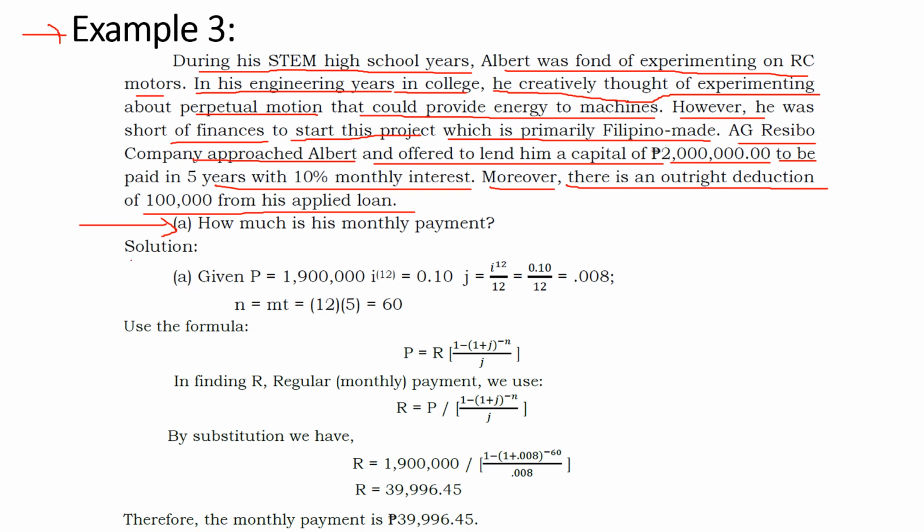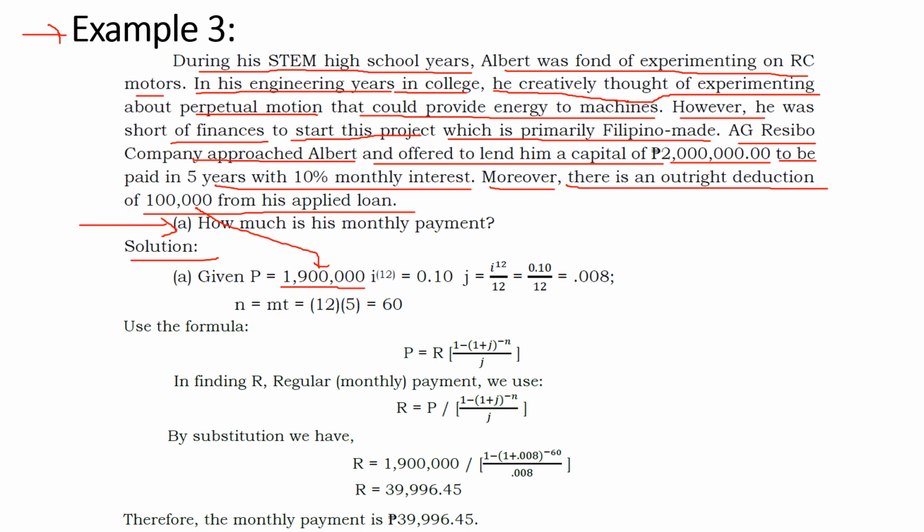Now for the solution, your given is 1,900,000 because there is a deduction here which is 100,000. So by simply subtracting 100,000 from 2 million, it becomes 1.9 million.